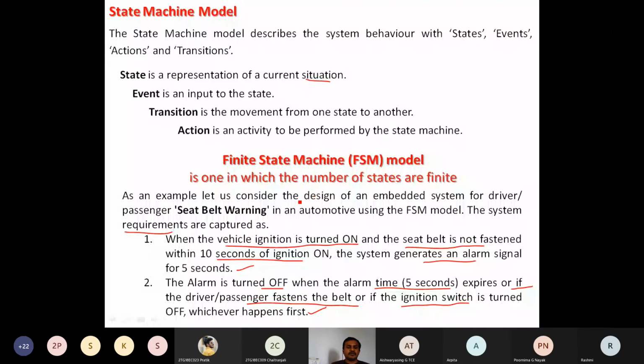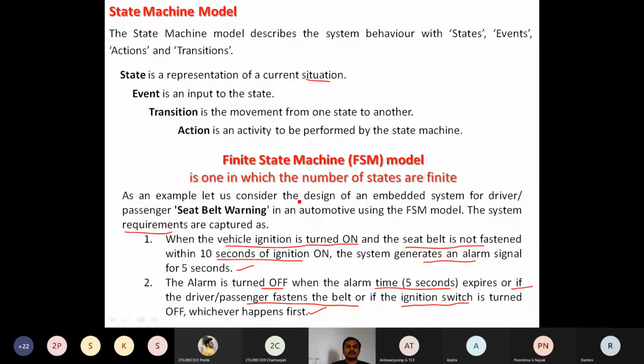Okay, so let me go to this problem statement for the seat belt warning system. When the vehicle ignition is on, if the seat belt is not fastened within 10 seconds, the system generates an alarm signal for 5 seconds.